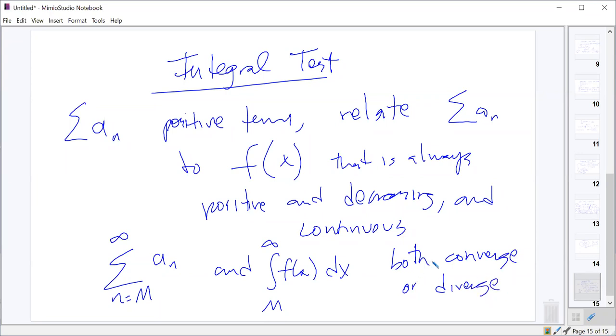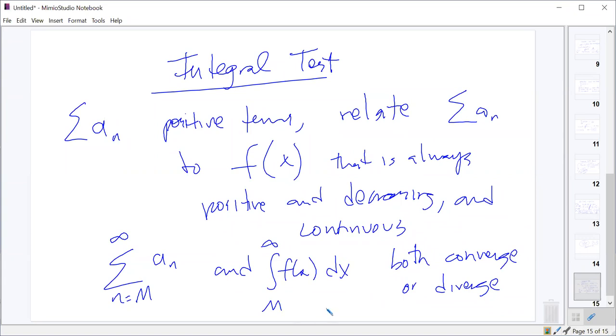One can't converge with the other one diverging. So if I had something like a series of 1 over n, which we know is the harmonic series and diverges, and we look at the integral from, let's say, 1 to infinity of the function 1 over x, we get that it is a divergent integral, and therefore the series itself also diverges.